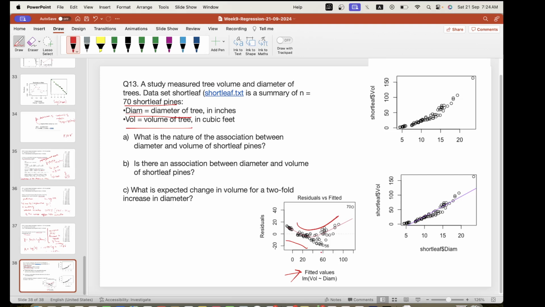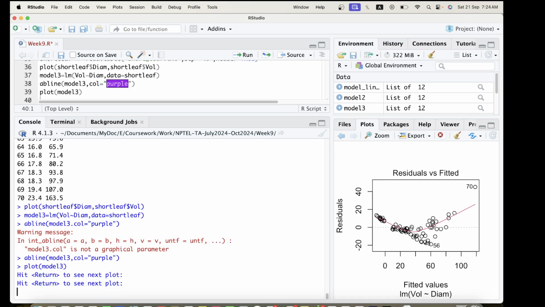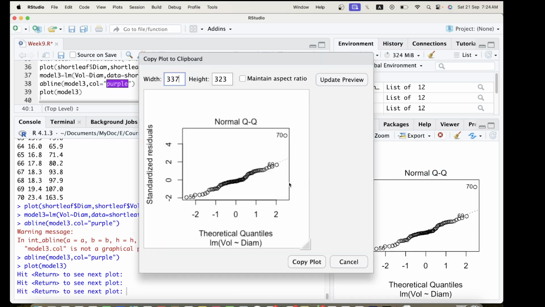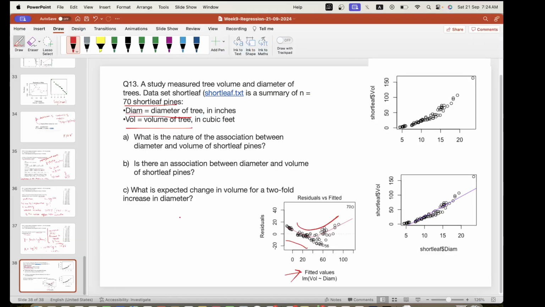Okay, so when the case arises that this is non-linear, or variances are not equal, or normality criteria is not satisfied. So if we look at the QQ plot, here in the QQ plot also we see that it doesn't look normal.